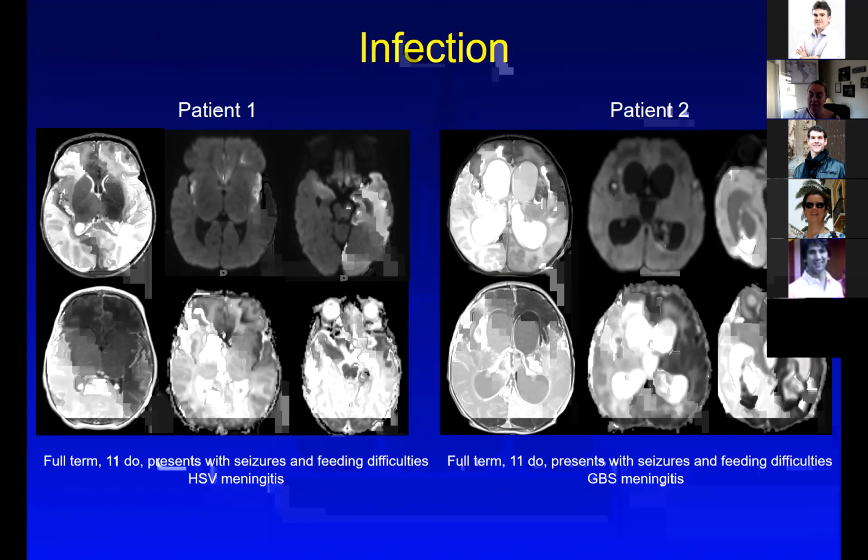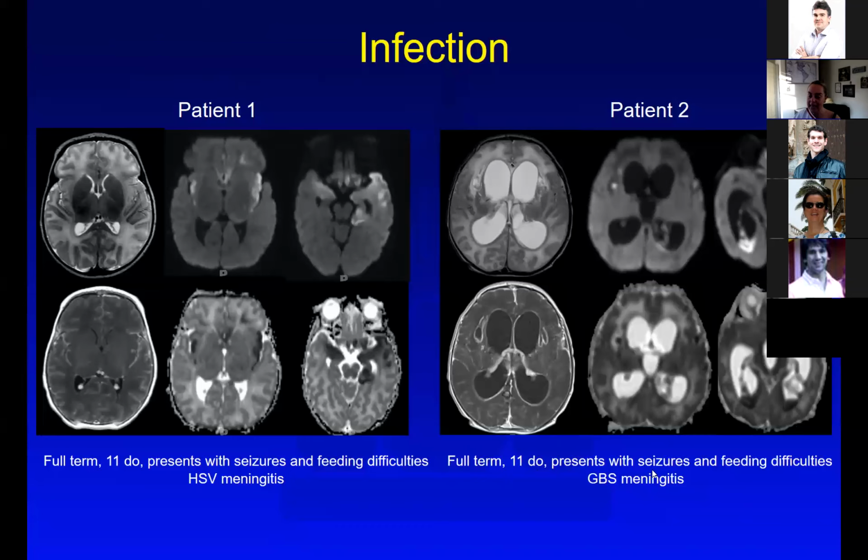Another infant with a similar background, full-term 11-day-old, again presents with seizures and feeding difficulties, and imaging patterns are quite different. In this one, it was a GBS meningitis and had marked ventriculomegaly, which can obviously happen in encephalitis, meningoencephalitis patients.